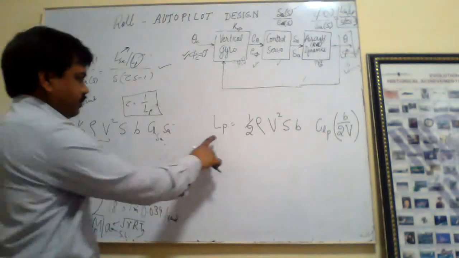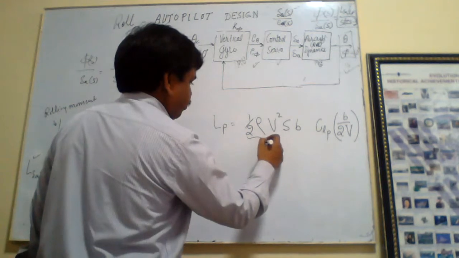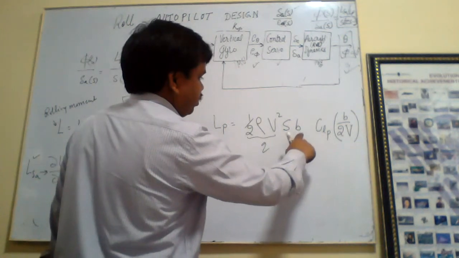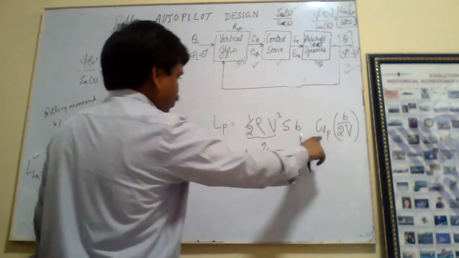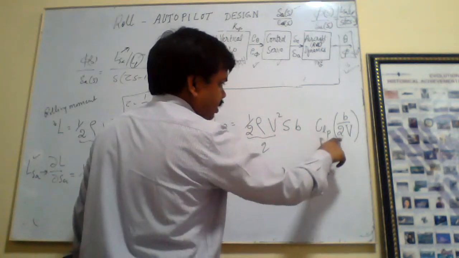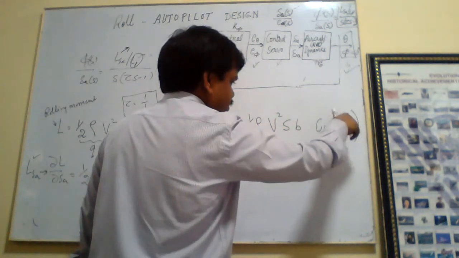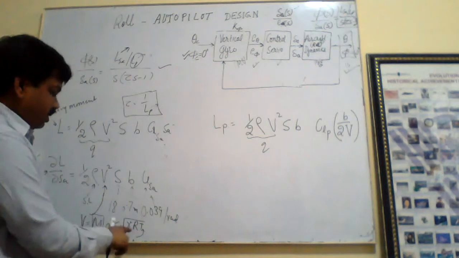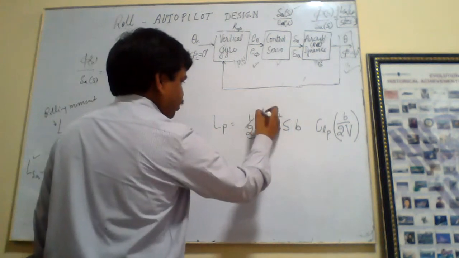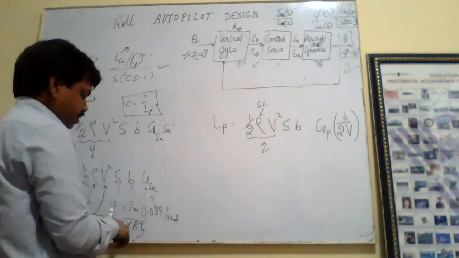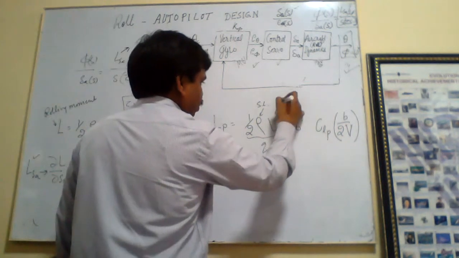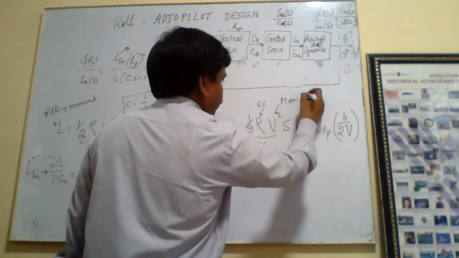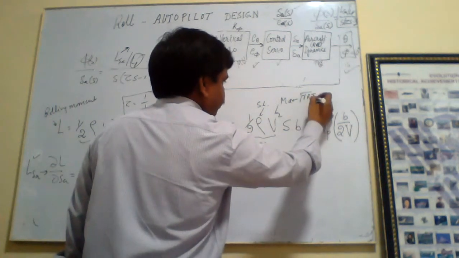For Lp, we have the relation: dynamic pressure times wing platform area, then wing span, multiplied by the coefficient of rolling moment C L P, and this has to be multiplied by the factor span over twice the velocity. As given here, we have the sea level density if the altitude is not mentioned, then velocity in terms of Mach number, and the sound velocity we can find from the sea level temperature.